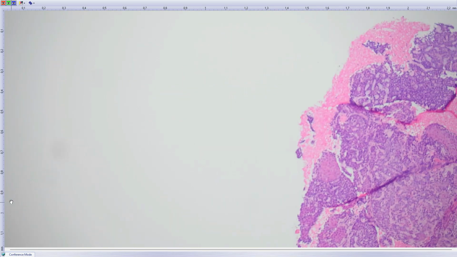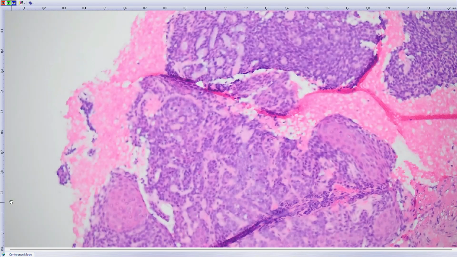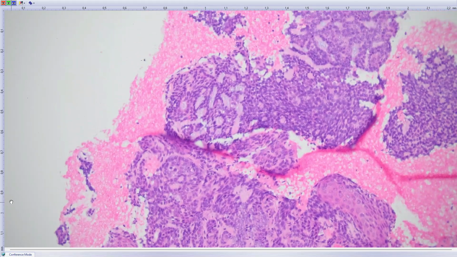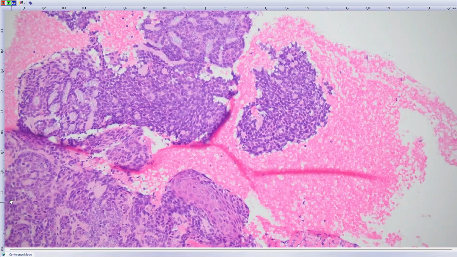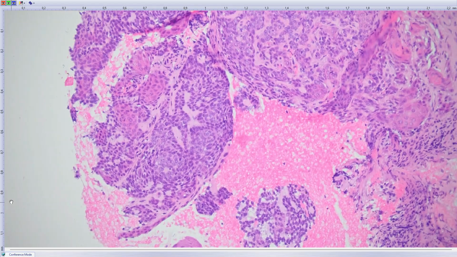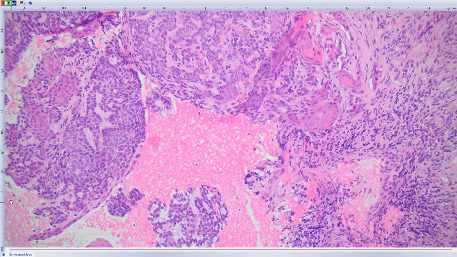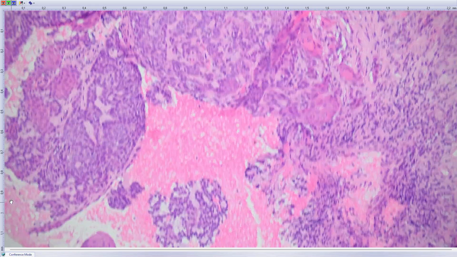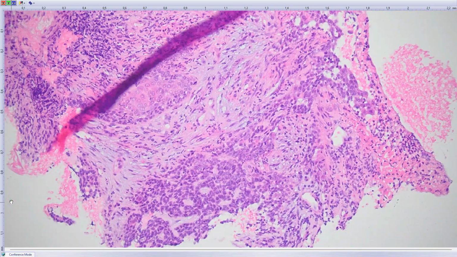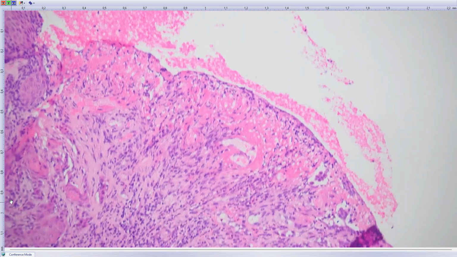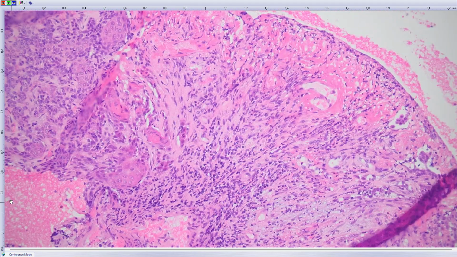So high magnification shows some kind of structures which look like adenoid cystic carcinoma, but there are also squamous foci, with a little bit of keratinization.